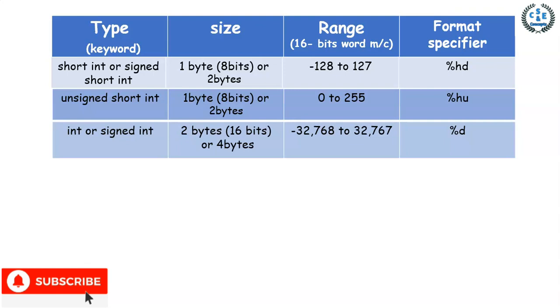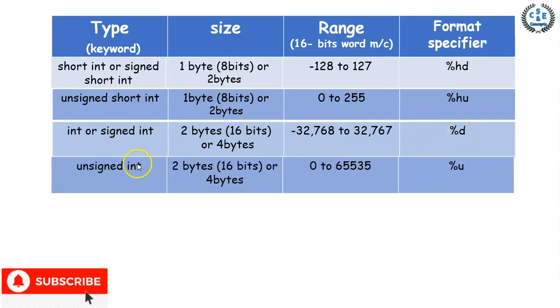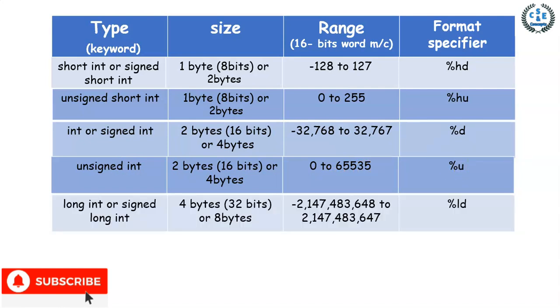Next, integer or signed integer, which uses 2 bytes or 4 bytes of memory, and the range is minus 32,768 to 32,767, and the format specifier is %d. Next, unsigned integers use 2 bytes or 4 bytes of memory, and the range is 0 to 65,535, and the format specifier is %u.